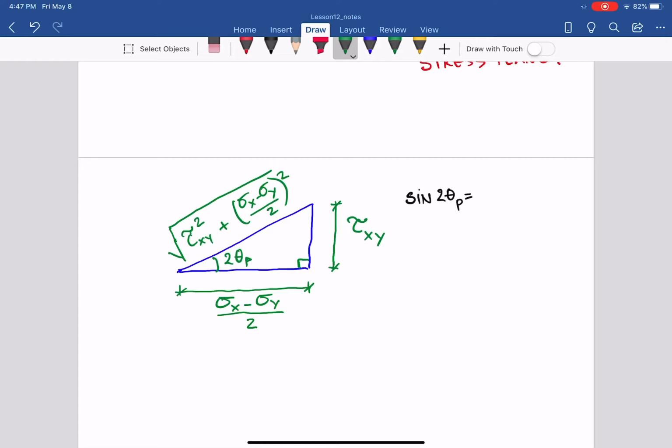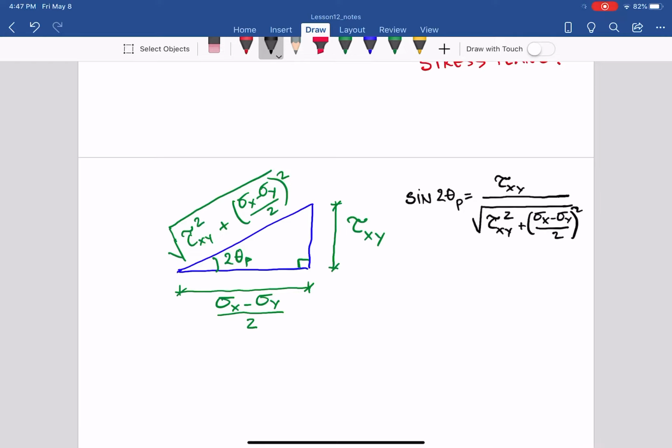So from that we can have sine 2 theta p equal to tau xy divided by the square root of tau xy squared plus (sigma x minus sigma y over 2) squared.